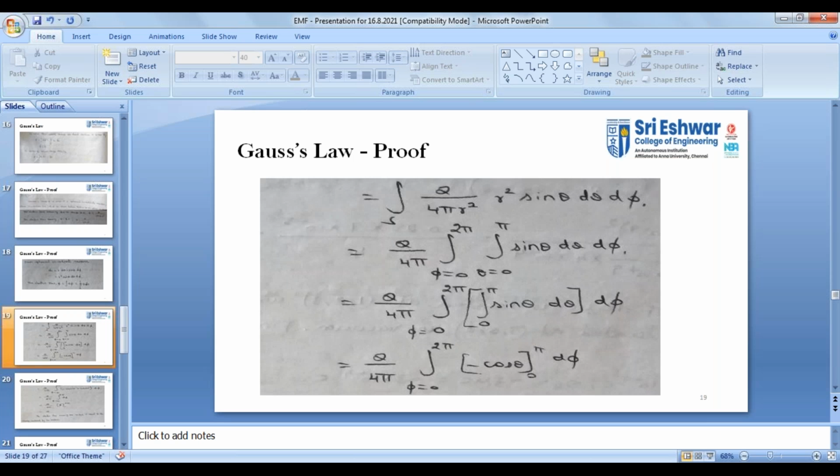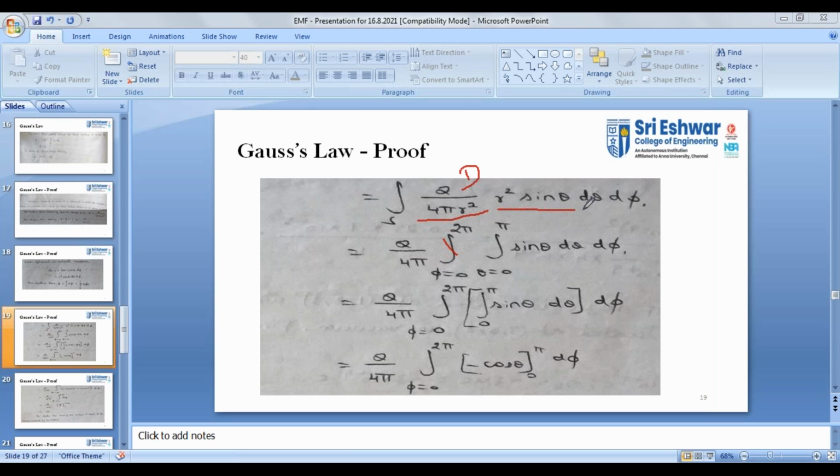So I am going to substitute those values here. It is D dot ds. The D value is Q by 4 pi r square, and ds is the differential surface.